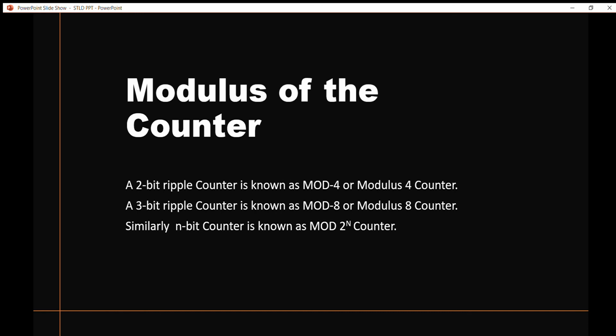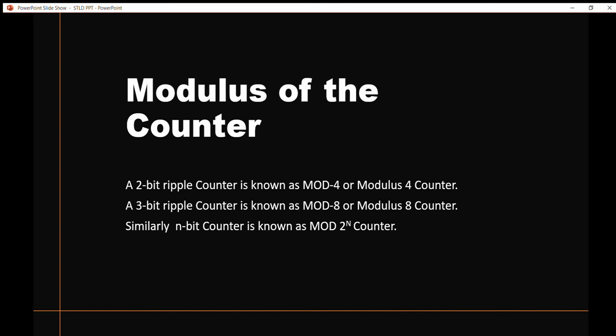Now, let's talk about the modulus of the counter. Modulus of a counter is just a term that is used to tell the number of states of the counter. For a 2-bit ripple counter, it is known as mod 4 or modulus 4 counter.